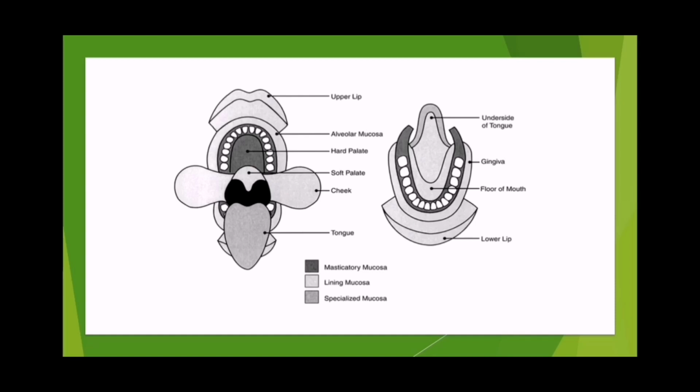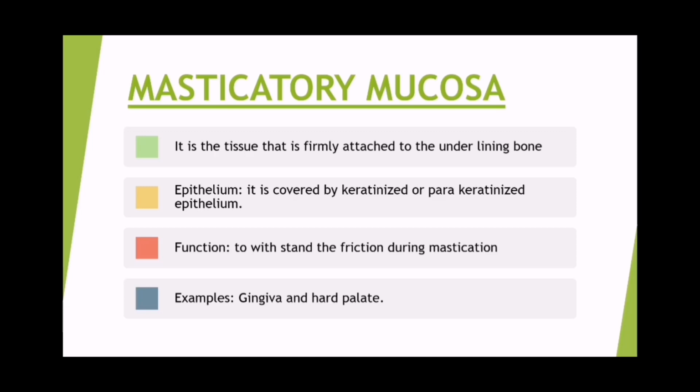The part shown in dark gray is the masticatory mucosa, which includes the hard palate and the area around the tooth sockets. The lining mucosa covers the lips, cheeks, floor of the mouth, and gingiva. The specialized mucosa is found only on the surface of the tongue, which also has the taste buds.